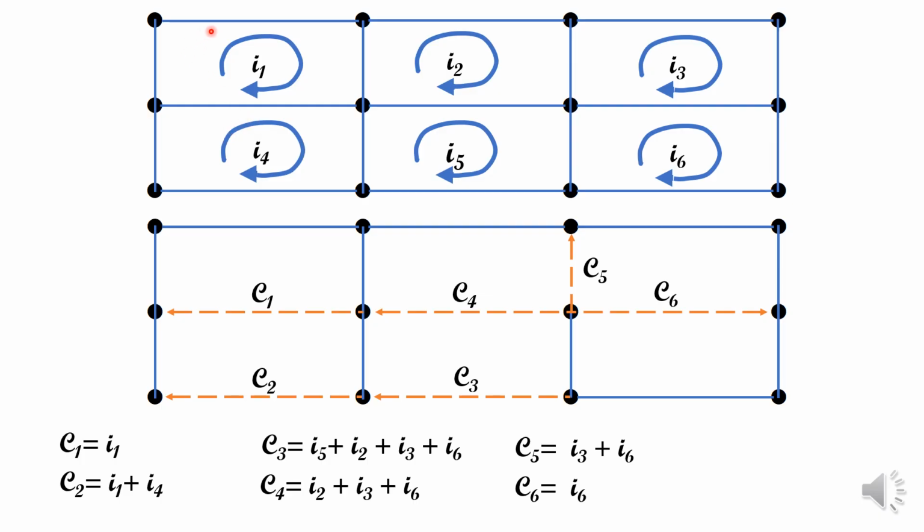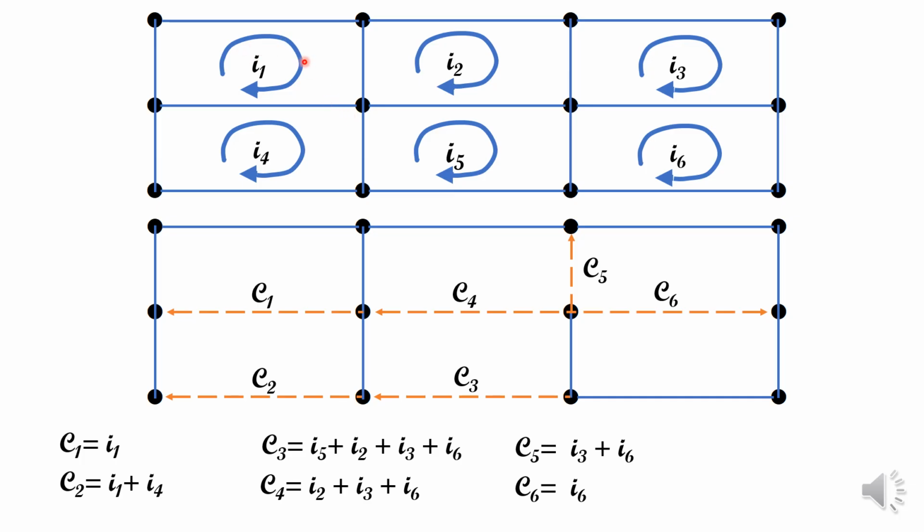Because if I have x units circulating around this loop here, there'll be x units going in this direction from right to left. And if I have x units going around this loop, there will also be x units flowing in the reverse direction along from this vertex to this vertex.